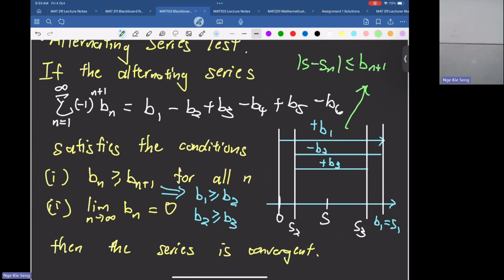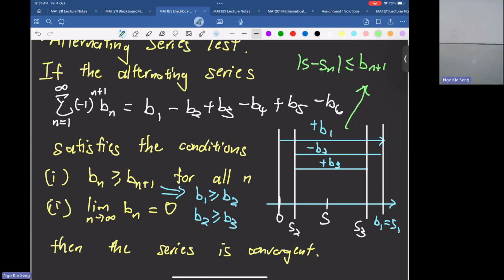If you think about this inequality, it is claiming something quite strong, you know. Do you know what S is? S is an infinite sum. You sum everything, and then you take away a partial sum. Somehow it is bounded by only one term within that series. This bound is quite strong, correct or not?